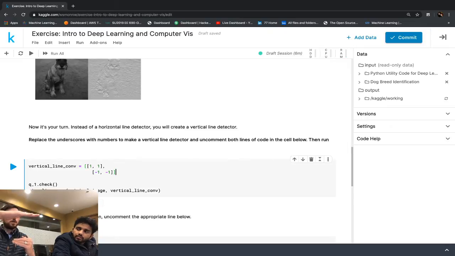You've got ones and then -1s, so that if it runs up against something horizontal, when I multiply that, it will give me a strong number in response. So I want to change this so that instead of ones on top and -1s on bottom, it should be ones on one side and -1s on the other side. And this isn't the only vertical and horizontal line detector.